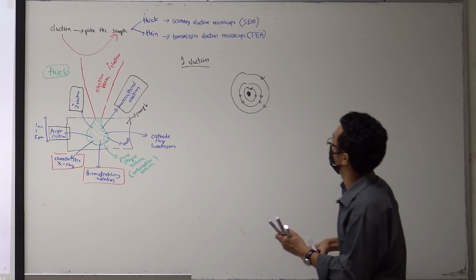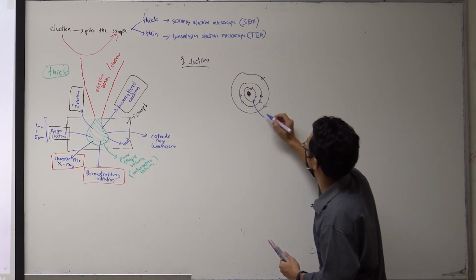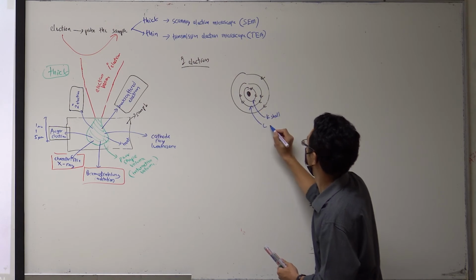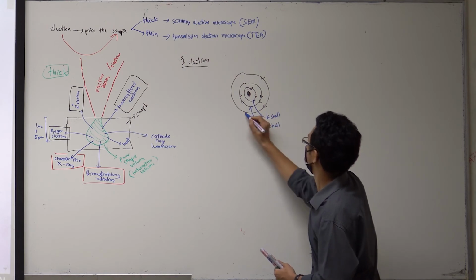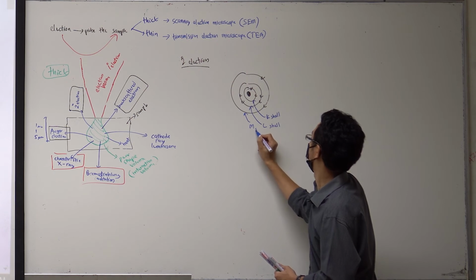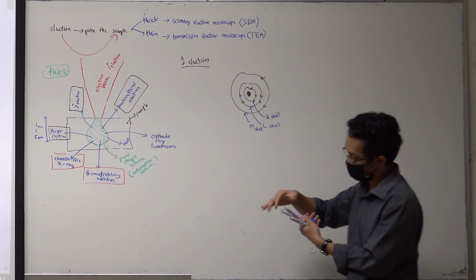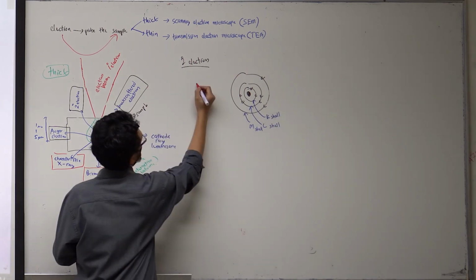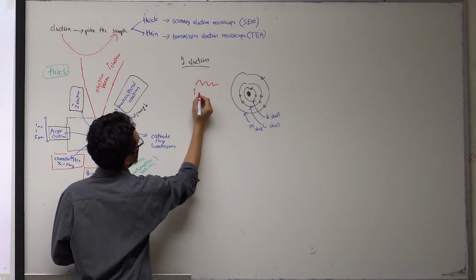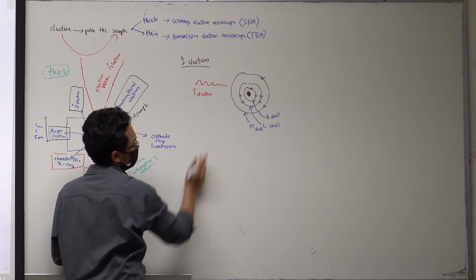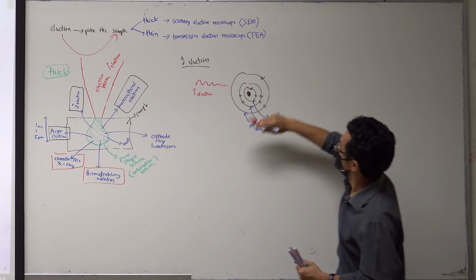And we learned before, this we call the K shell, this is L shell, this is M shell, and so on. Imagine the electron beam here. The electron beam is what we call the primary electron, coming here.